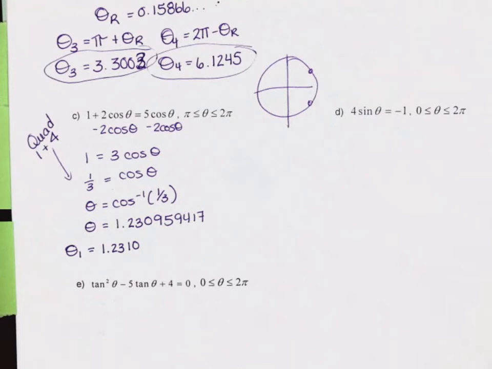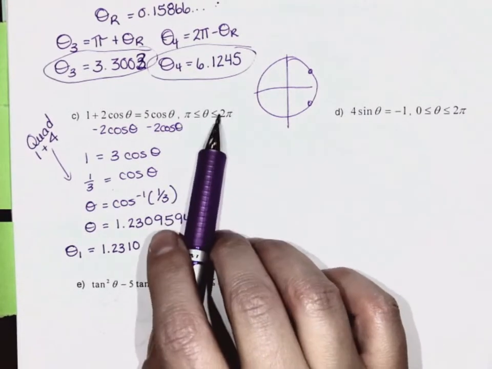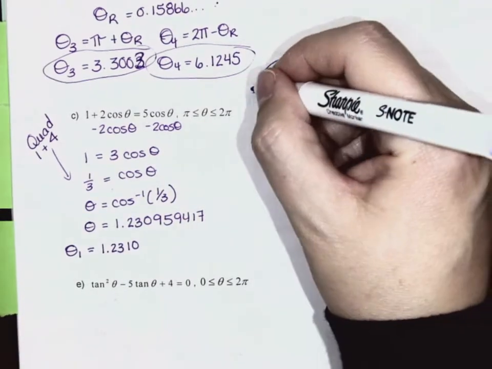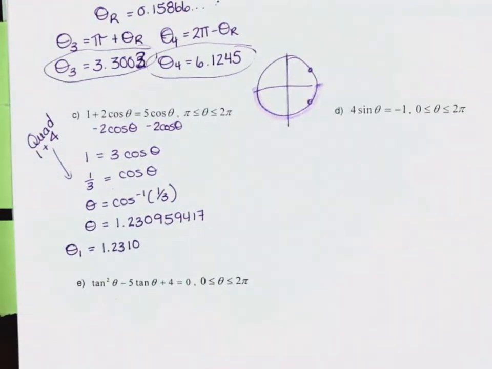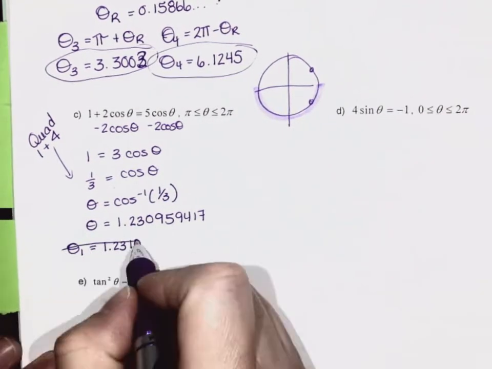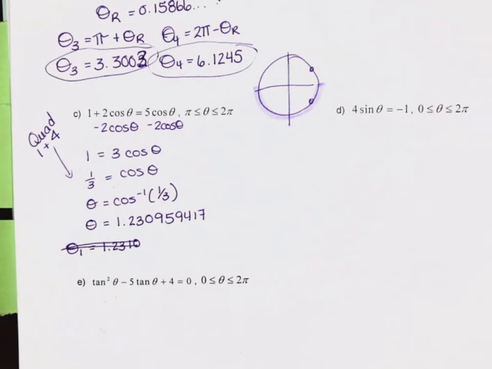Theta has to be greater than pi but less than 2 pi. So that's the only place my answers can be. So is this included? No. So that answer is gonzo. But did I need it? Yes, because I need it for my reference angle for quadrant 4.